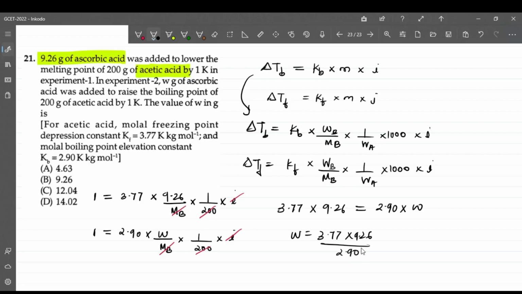If we solve this, I think we should be getting the answer to be 12. Let's check. 3.77 multiplied by 9.26 divided by 2.90. Yes, the answer is coming to be 12.038, means the answer is option 12.04.